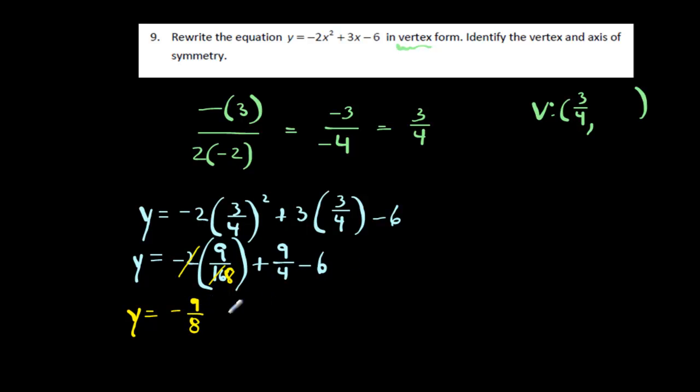Let's make all of these eighths. This becomes 18/8. This becomes 48/8. So we're going to have negative 9 plus 18 is 9. 9 minus 48 is negative 39.